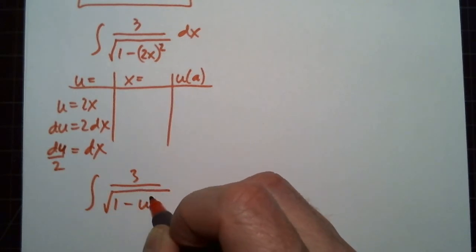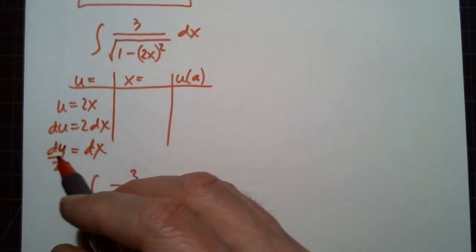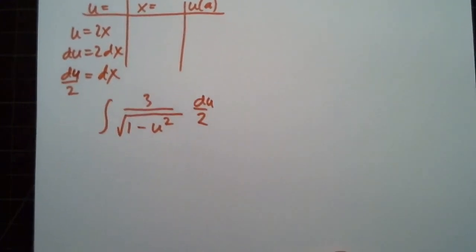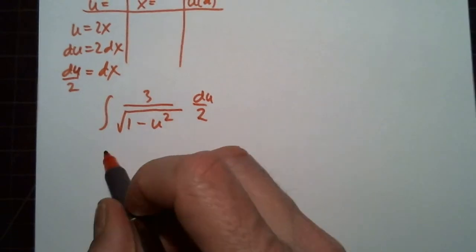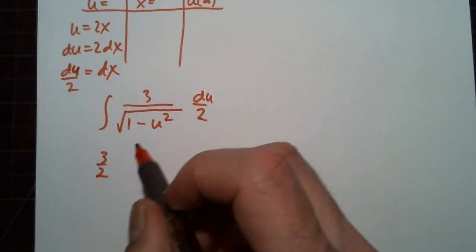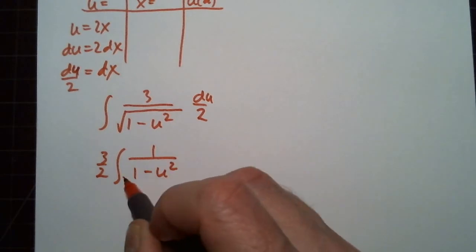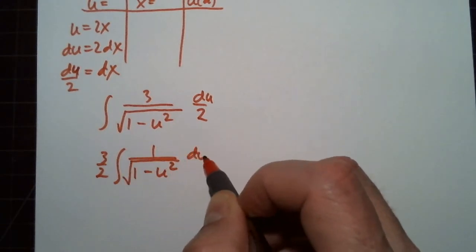One minus u squared, and then we have du over 2. So we have 3/2, and this is the derivative of arcsine.